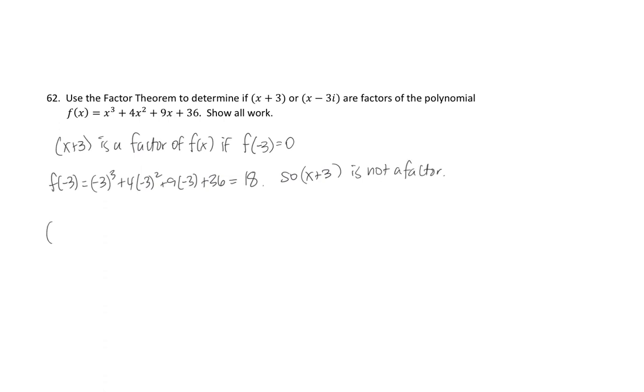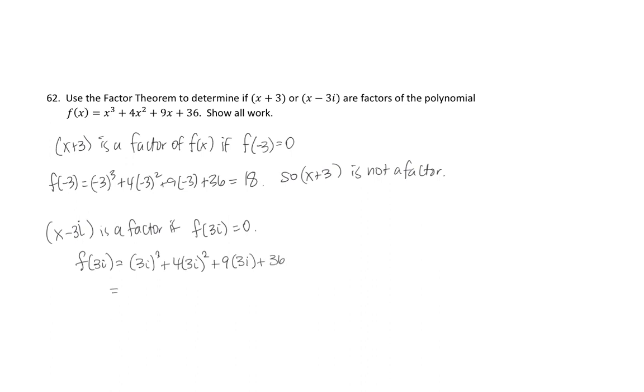Similarly, x minus 3i is a factor if f of positive 3i equals 0. So let's check. What is f of 3i? That's going to be 3i cubed plus 4 times 3i squared plus 9 times 3i plus 36.